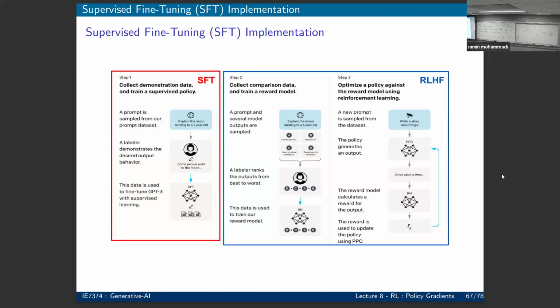So you use that with a policy gradient, especially PPO that we just saw, to update the thetas, or the weights, of the policy model. And this loop continues. That's the overall architecture, the way that people estimate it has been done in OpenAI, from what is available in public domain knowledge.